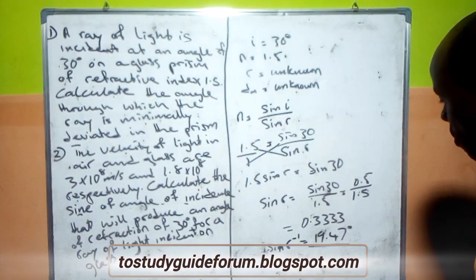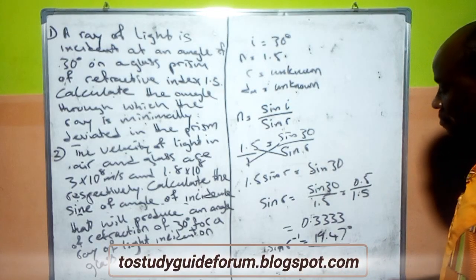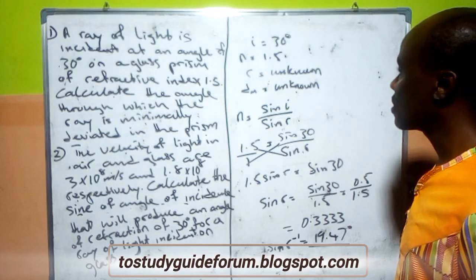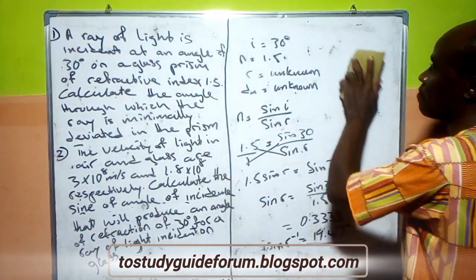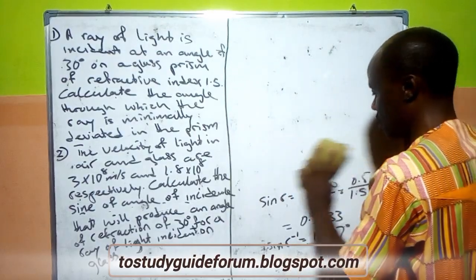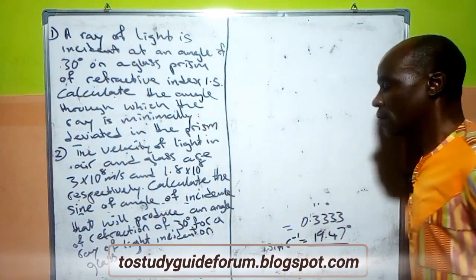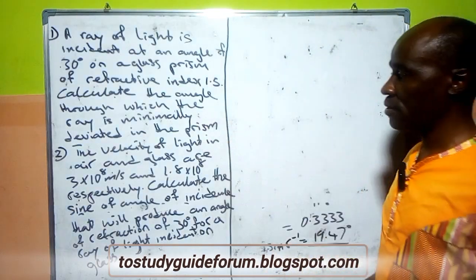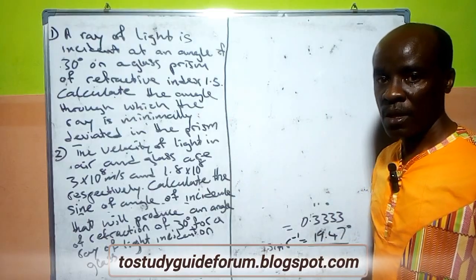So let's continue. Now we have the refracted angle, we can go ahead in solving our problem. Now this is the meat of the whole matter. Note that in this question, we were not given the angle of the prism.